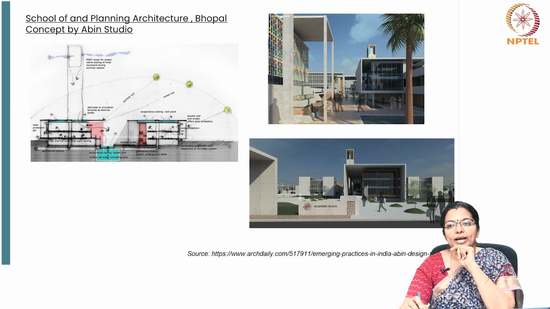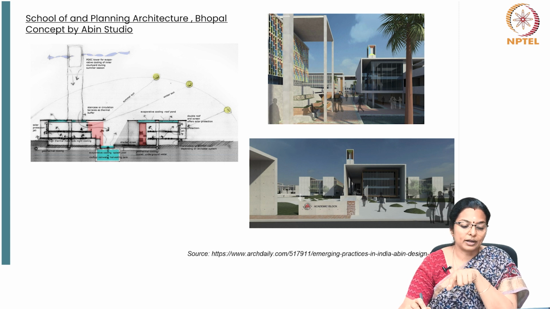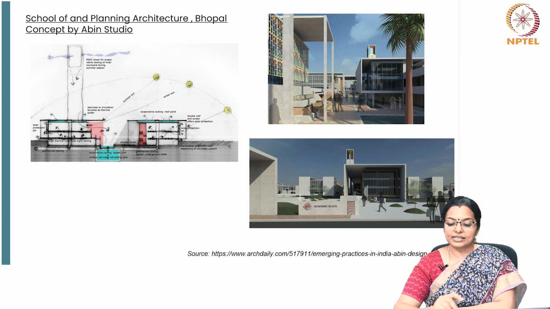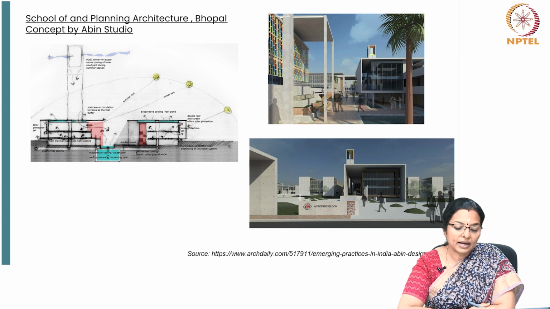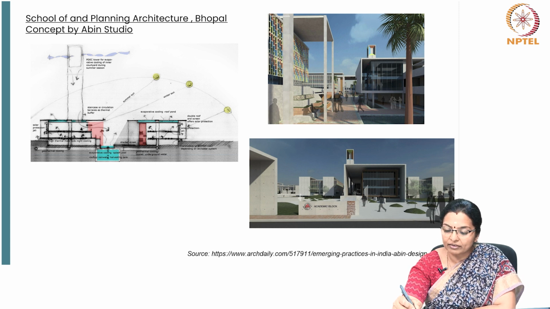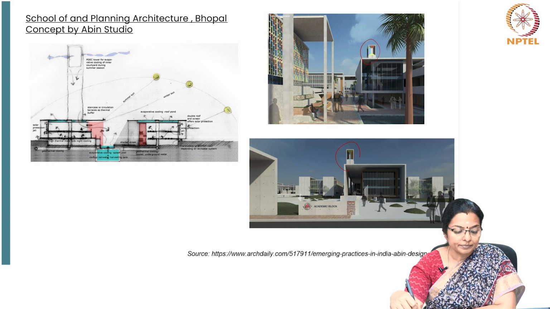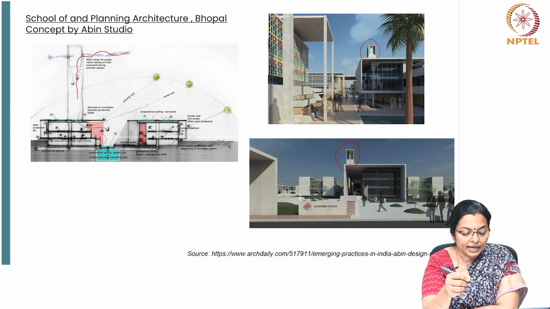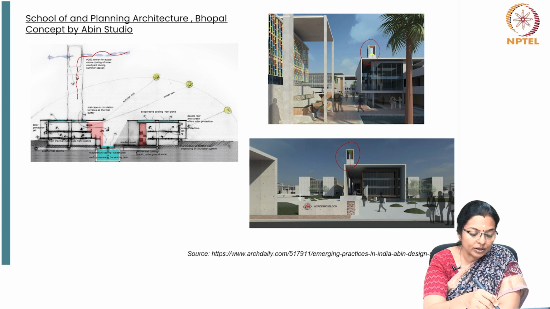The School of Planning and Architecture at Bhopal, designed by Abin Studio, also has tried to incorporate the passive downdraft evaporative cooling system, because Bhopal can have a very warm climate too.